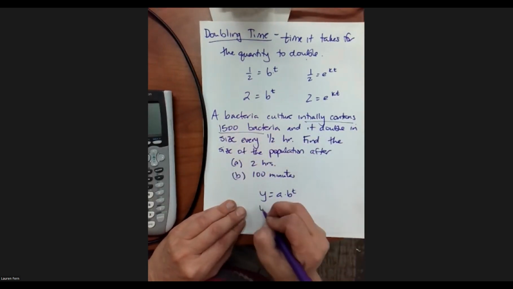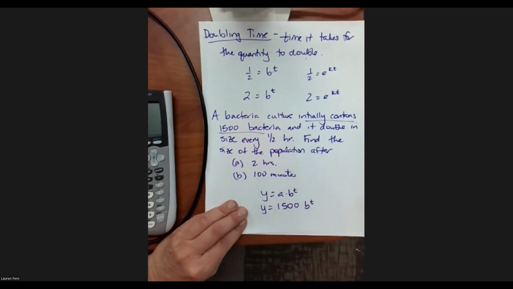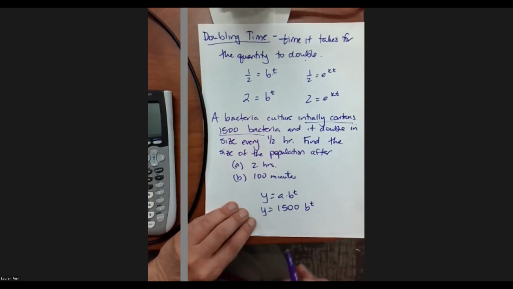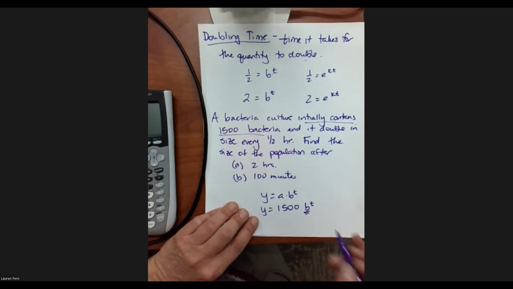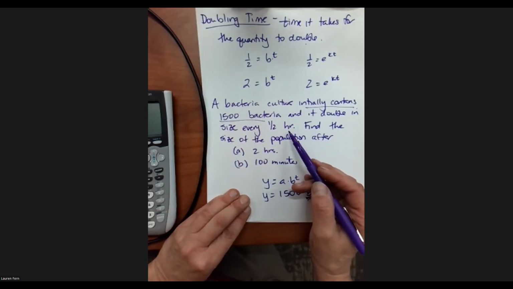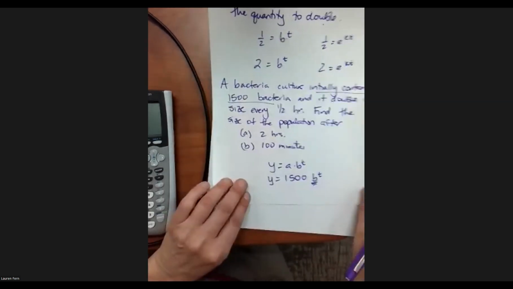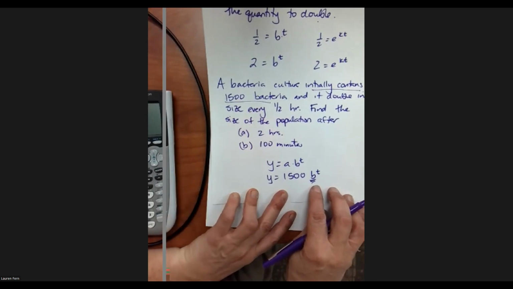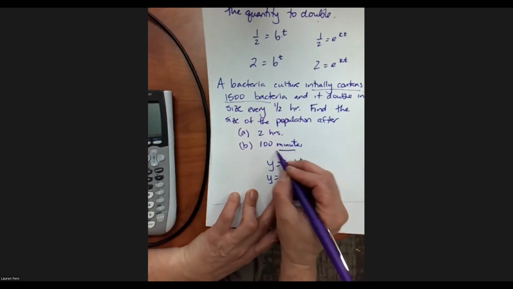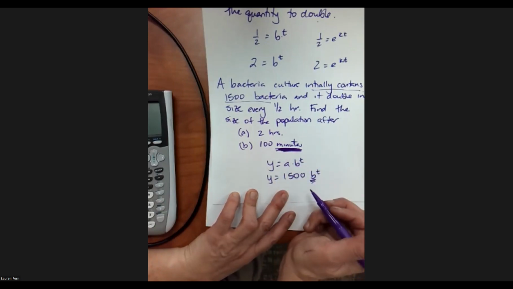It initially contains 1500, so don't we have Y is 1500 B to the T? Now, what piece of information are we given so that we can find our value of B? Well, we know that every half hour, it doubles.